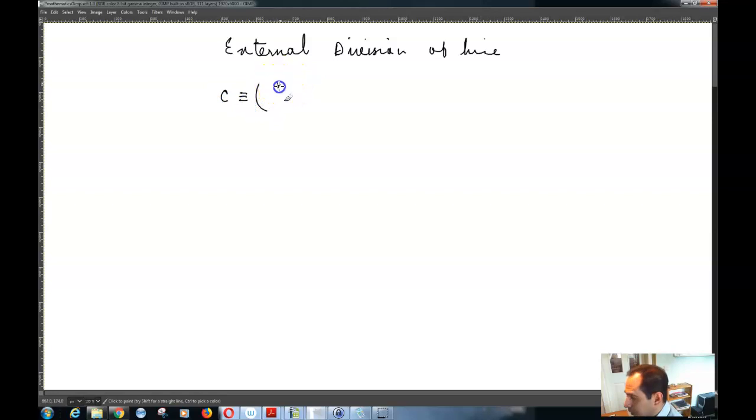For example, the formula that we found over here for the external division of a line, we said the coordinates of the point C were mx1 minus nx2 over m minus n, and then my1 minus ny2 over m minus n.